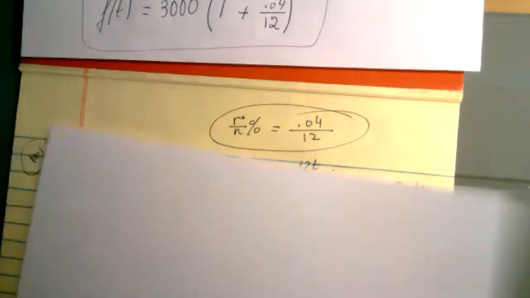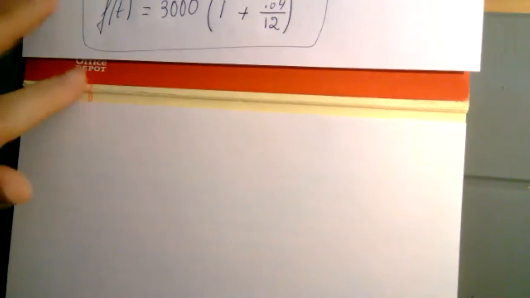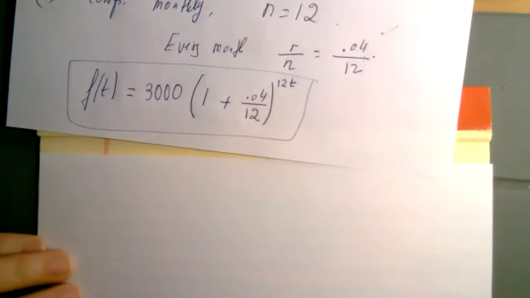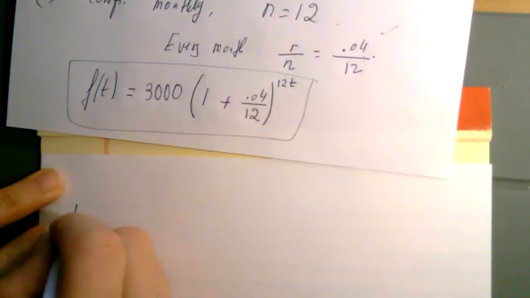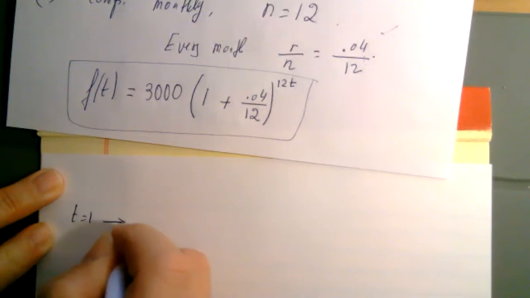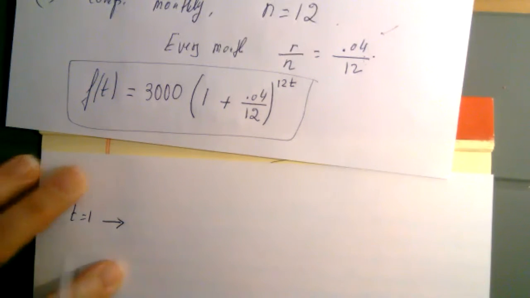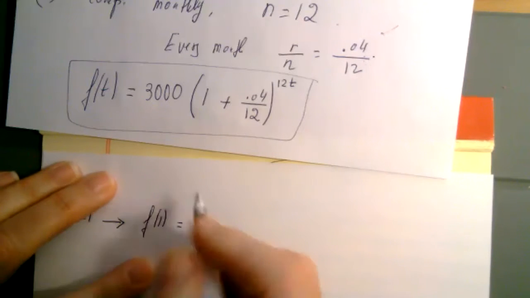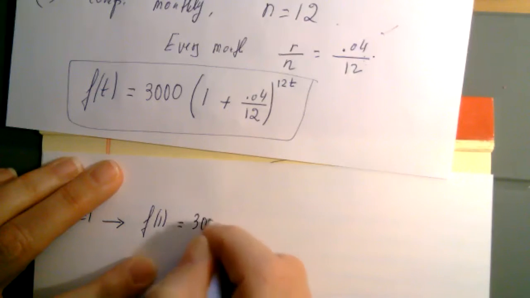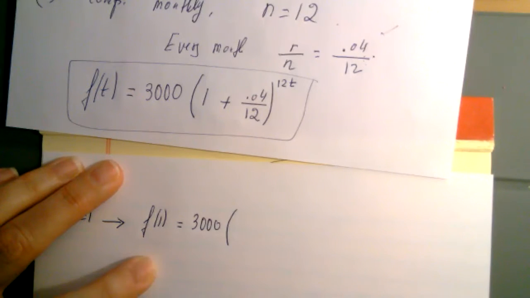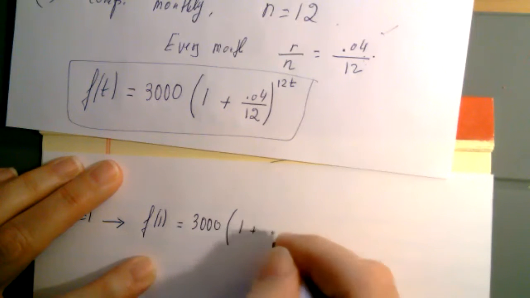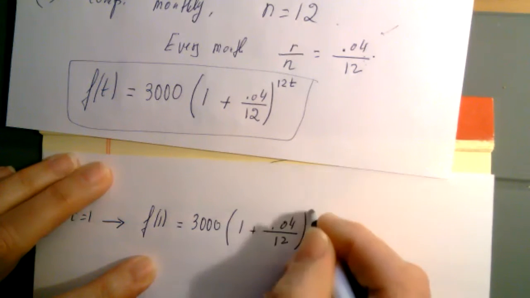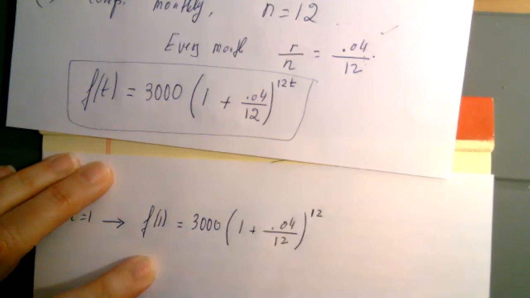Let's do that. I'm going to rewrite what you see, but do it with me. So this is my formula. I keep it in front of me and I compute. At t equals 1, after 1 year, how much do we have? I plug in 1 for t. So I will get 3,000 times 1 plus 0.04 over 12, to the power 12.